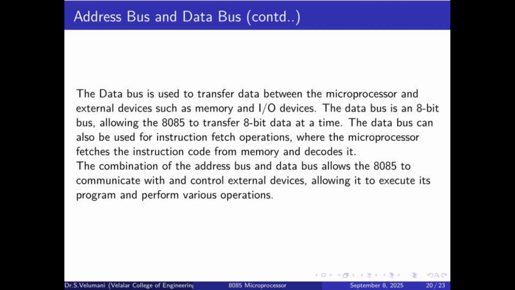The data bus can also be used for instruction fetch operations, where the microprocessor fetches instruction code from memory and decodes it. The combination of address bus and data bus allows the 8085 to communicate with and control external devices, allowing it to execute its program and perform various operations.